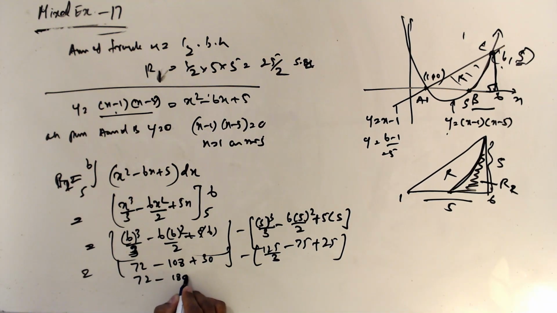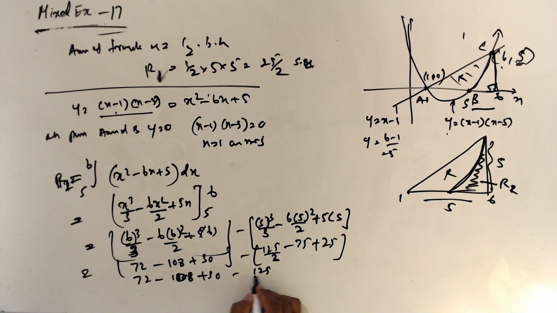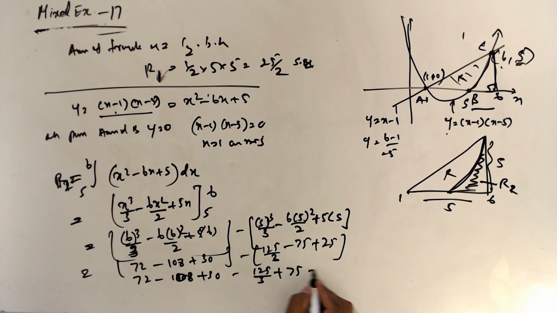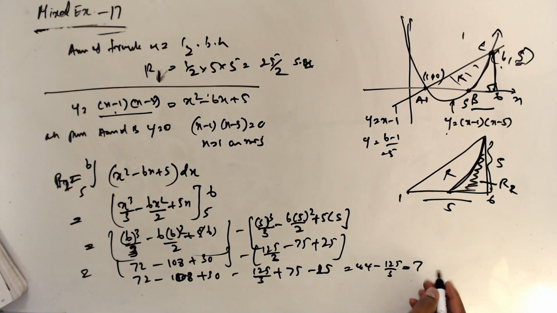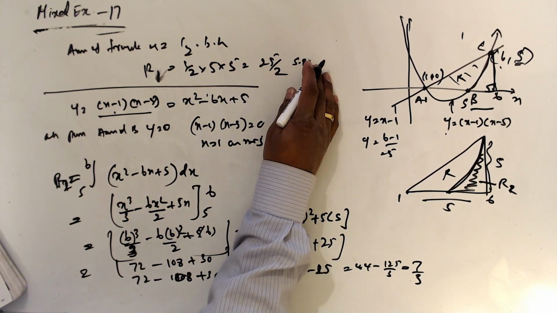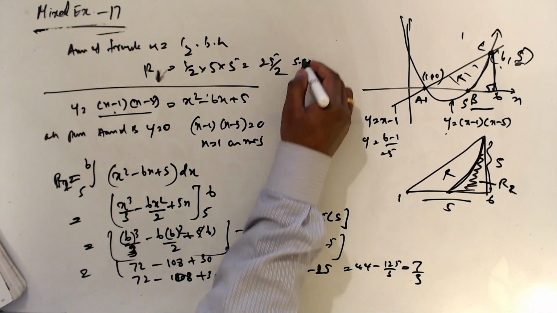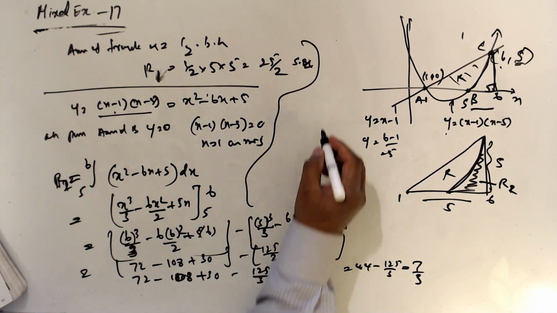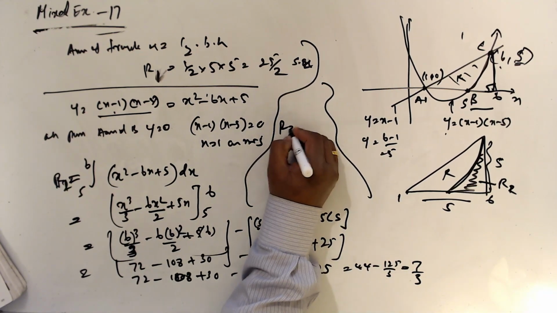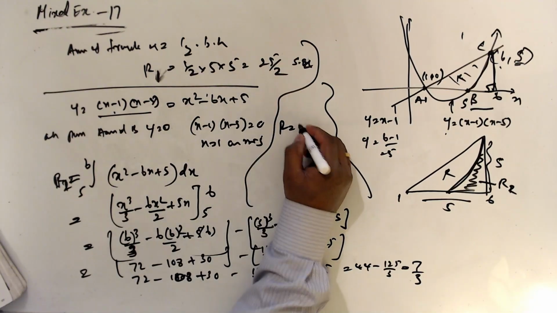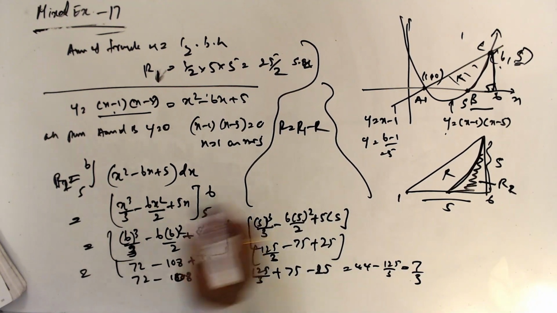72 minus 108 plus 30 minus 125 over 3 plus 75 minus 25. This is 7 over 3. And now R is R1 minus R2.